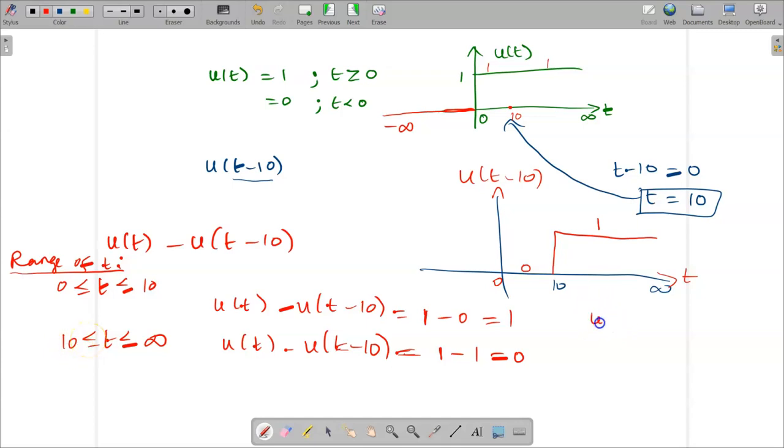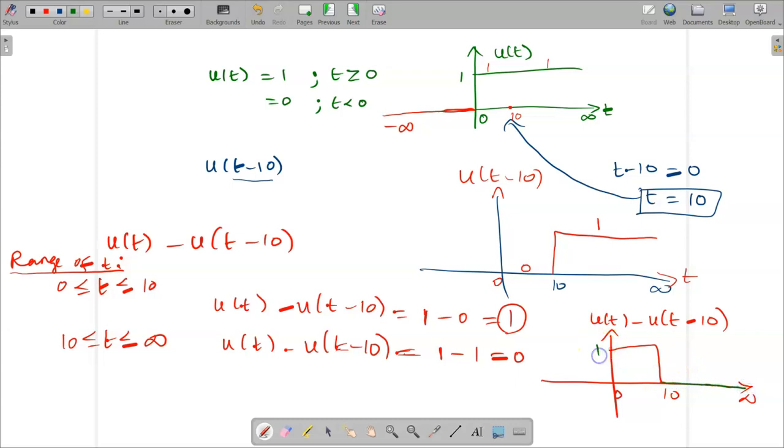So let me draw the diagram of u of t minus u of t minus 10. One range is 0 to 10, another range is 10 to infinity. For 0 to 10 this value is going to be 1, and for 10 to infinity this value is going to be 0.